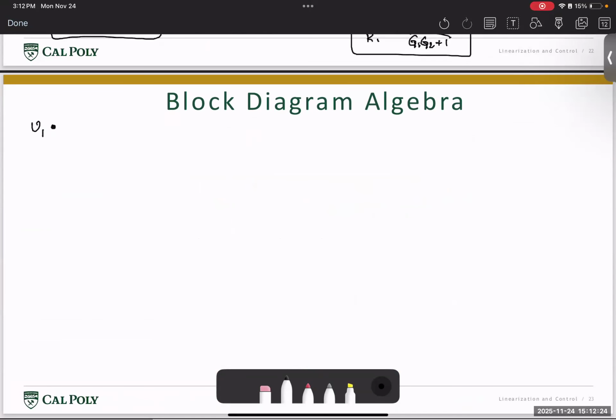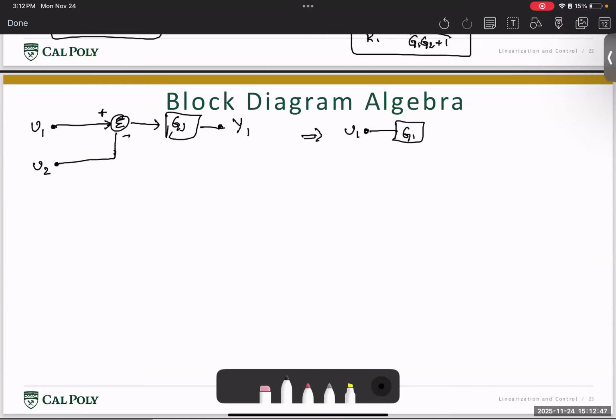Let's say I have two inputs, U1 and U2, and then these two get combined into a summation to form the output. Let's say this is plus and minus, and this goes to again G1. This is as good as saying that this block can be represented as U1 multiplied by gain G1 goes to the summation, and then we have U2 multiplied by gain G1 and then goes to the summation all the way to Y1.